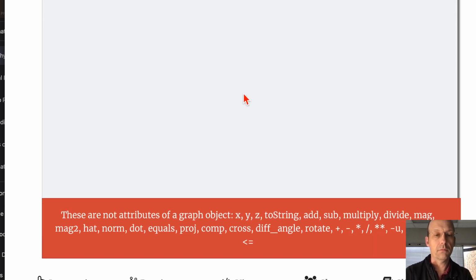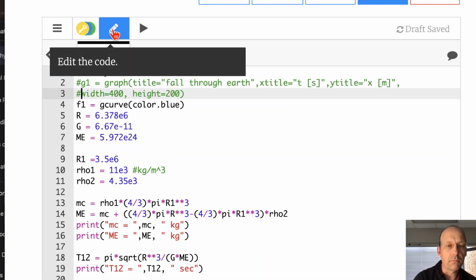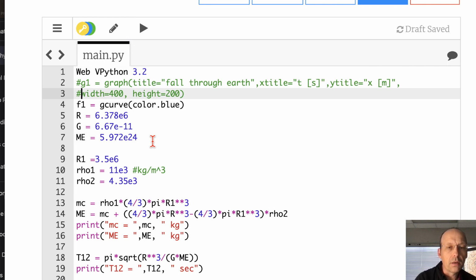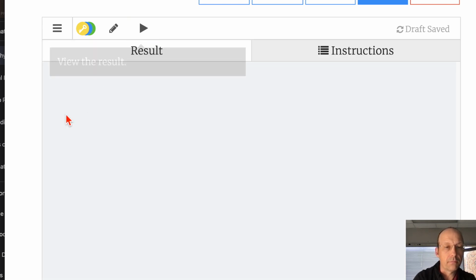No. X to string add divide. Did I? G. Let's put print right here. Print R1. Didn't get there.